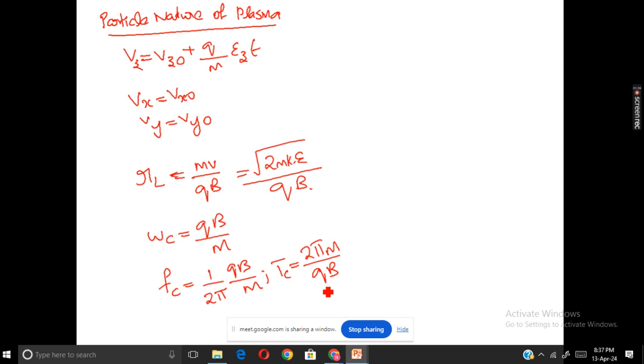It will be E cross B by B squared. Then we learned that in the presence of an inhomogeneous magnetic field, there will be curvature drift due to the curvature of the magnetic field line, and there will also be gradient drift due to the inhomogeneity, the gradient in the magnetic field. Those things we also learned in the last class.